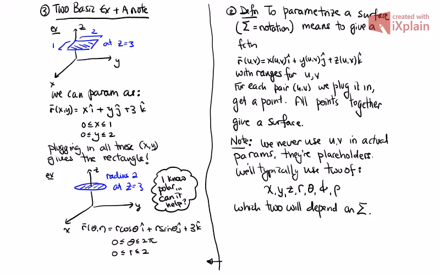So now when we plug these values in, these r's and thetas, we get the x's and y's that draw us the circle. Right, so plugging in all theta and r gives us the disk, let's say.